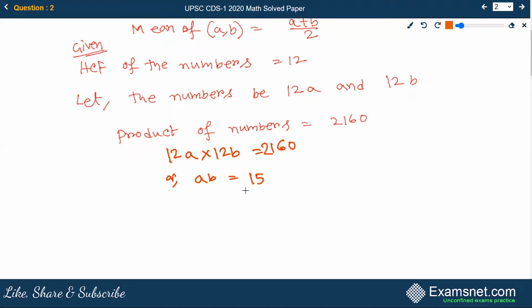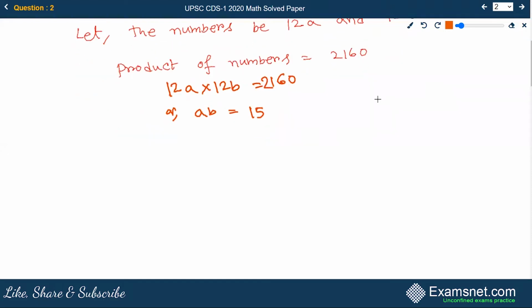Now, how many possibilities are there that the product of two numbers will be 15? What are the factors of 15? We can say 1 multiplied by 15, which is one of the possibilities, or 3 multiplied by 5, which is another pair of numbers. So there are two possible cases.